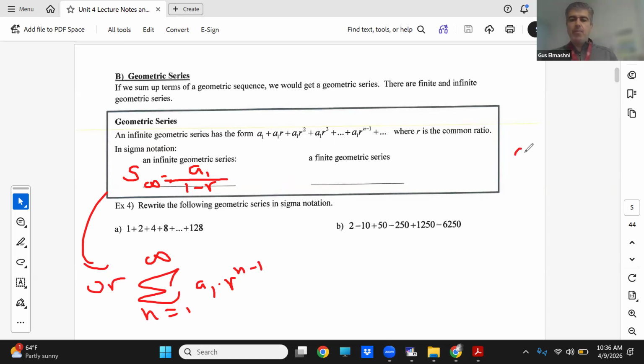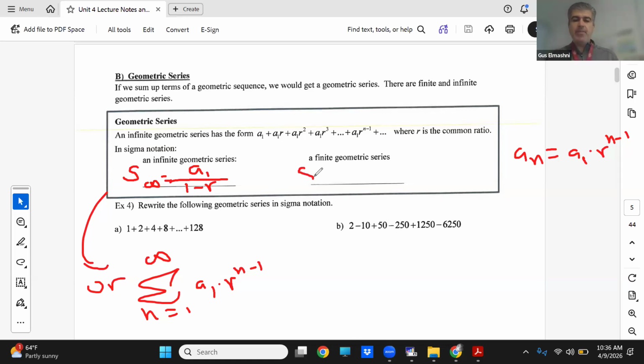So to find any term, it's A1 times R to the n minus 1 power. Because when you plug in 1, you want the first term, right? If you plug in 2, then you want to multiply by R. You multiply by R a certain number of times to get to the term you want.